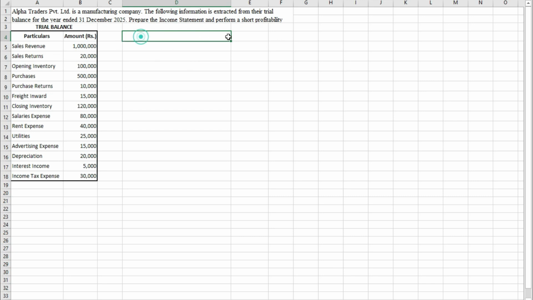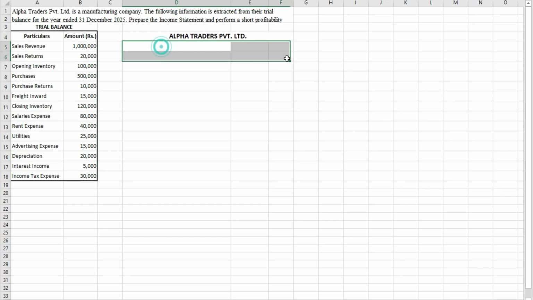So I am just formatting it like this. Merge and center, and we can write the Alpha Traders Private Limited.